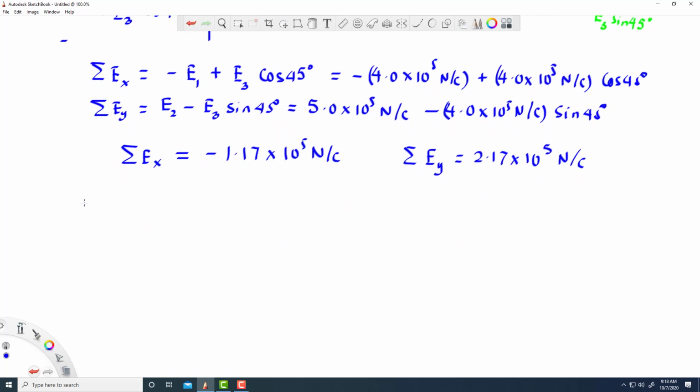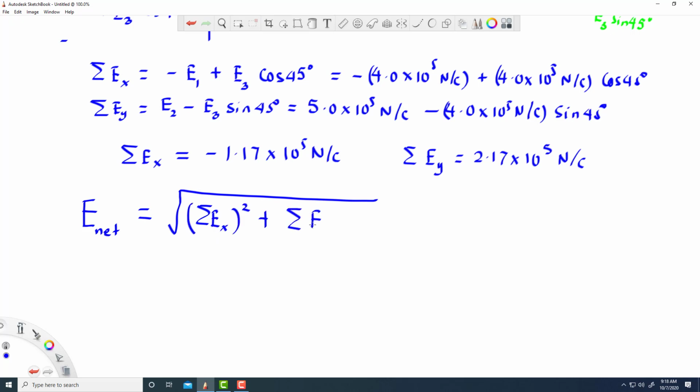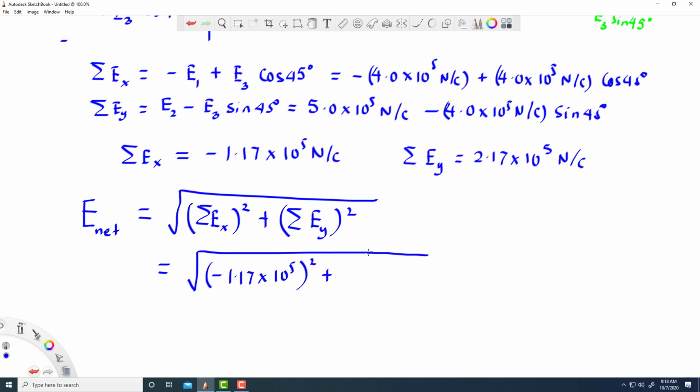E net would be the square root of Ex squared plus Ey squared. That gives you the net field. So Ex is minus 1.17 times 10 to 5 squared, plus Ey is 2.17 times 10 to 5 Newton per Coulomb squared.